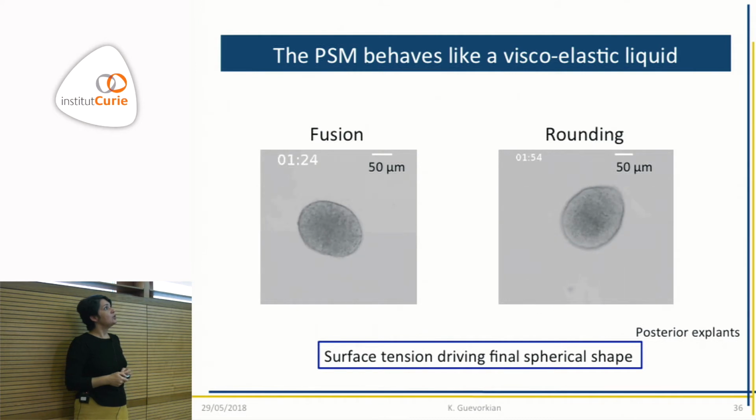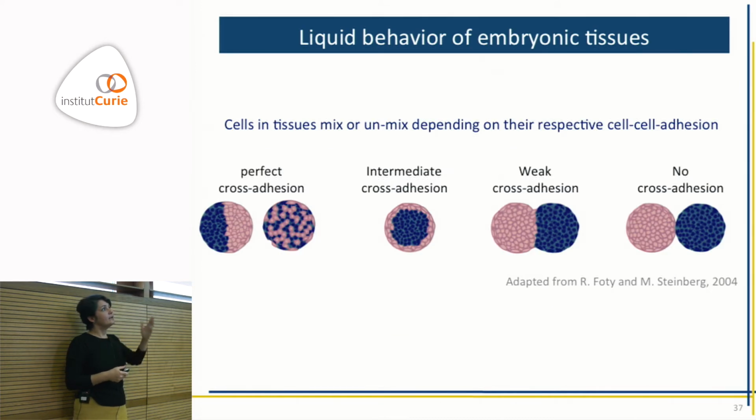This is the picture that we have for the moment if you have cells that have two different adhesivities to each other, so the adhesion molecules are different from each other. If there is a perfect adhesivity, at the end you have a nice spherical aggregate.